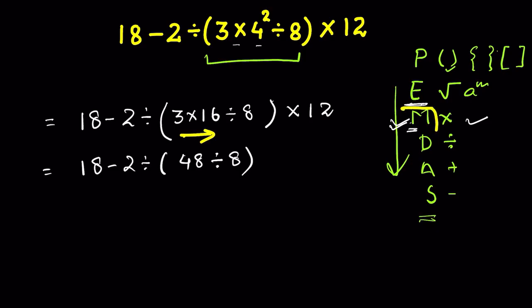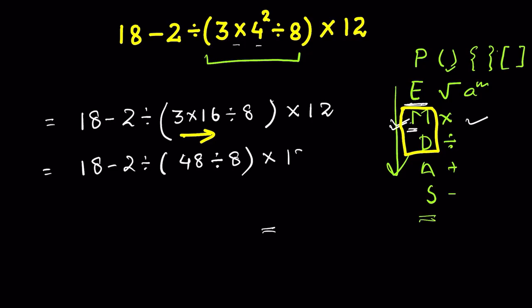You can have multiplication or division in the same line and you have to see which operation comes first. If you get division first, you have to do division first. For example, if it was 3 divided by 16 times 8, then you would do division first and then multiplication. Since here from left to right there was multiplication first, that's why we are doing multiplication.